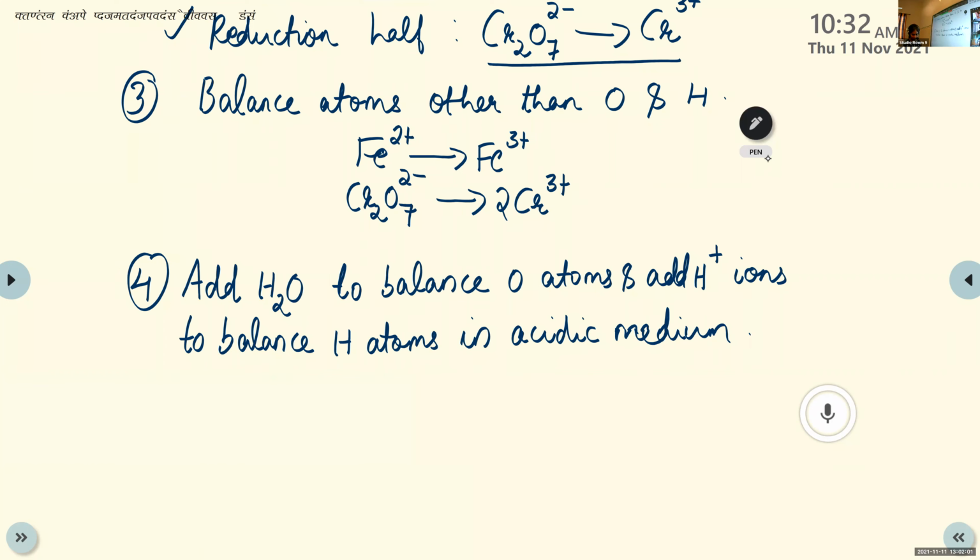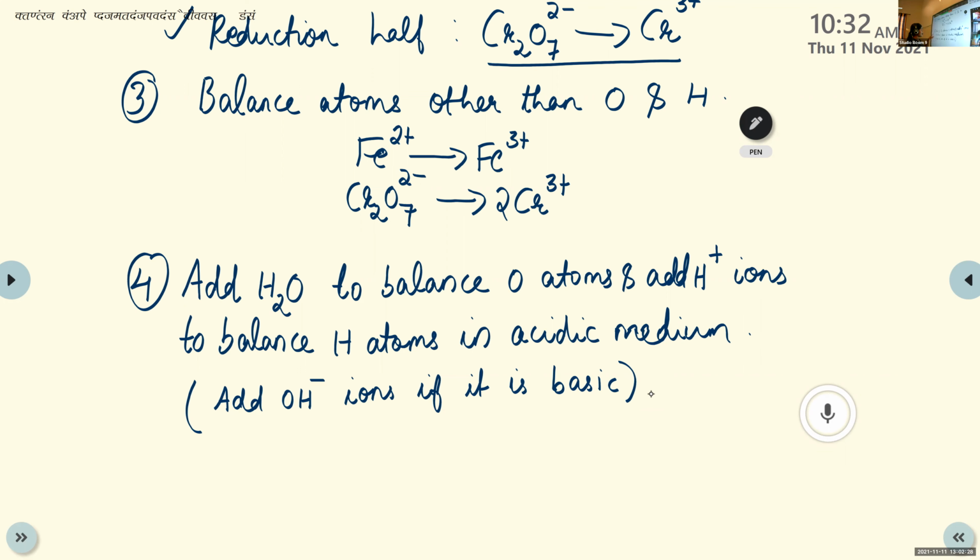Then you can write in brackets: add OH- ions if it is basic. Here in the question itself, it is given as acidic medium, right? So if it is basic medium, we need to add OH- ions.